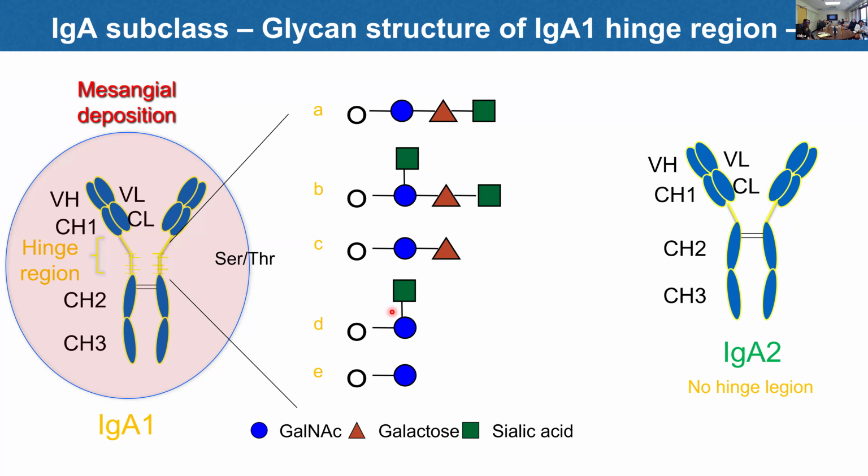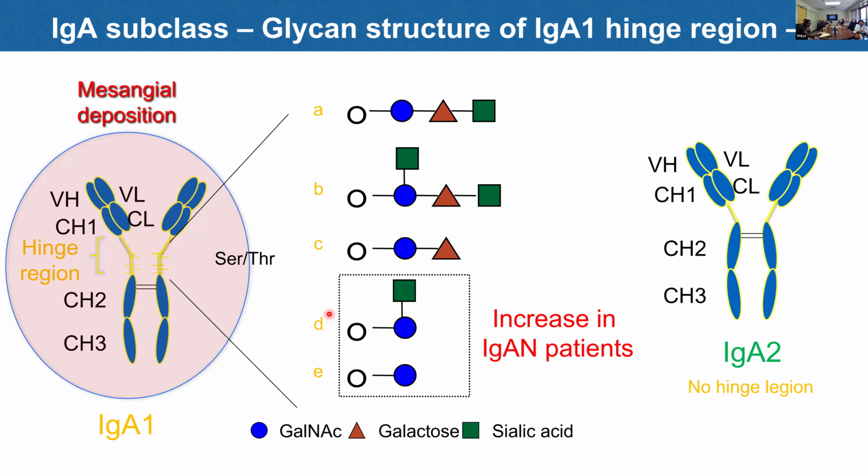In IgA nephropathy, only IgA1 causes the mesangial deposition, IgA2 does not. In this IgA1 hinge region, there are several glycan structures. Among the glycan structures, galactose-deficient structures were found to be more prevalent in IgAN patients.